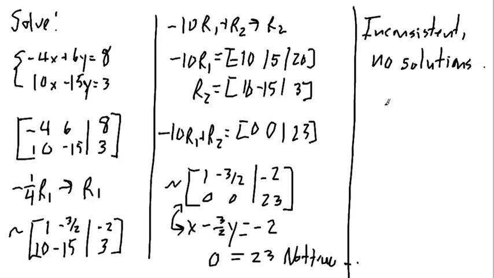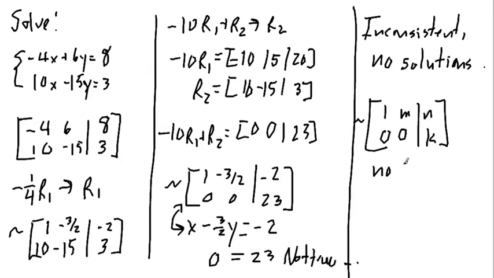So there are no solutions. So actually, in general, whenever we have a row which has a bunch of zeros in the coefficient part, and then a non-zero thing in the right part, there are no solutions. So whenever we get equivalent to something that looks like, say, 1, m, n, 0, 0, k, something like that, this is going to be inconsistent and will have no solutions.